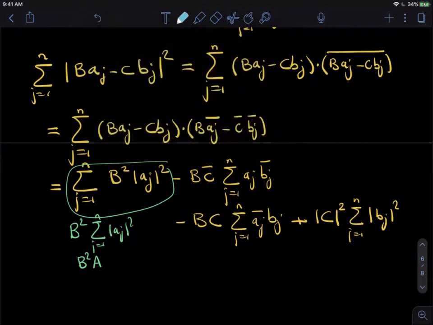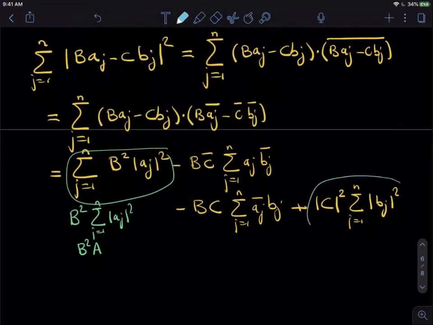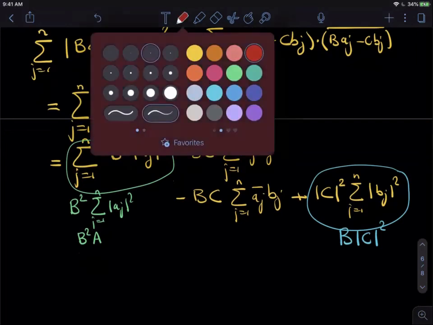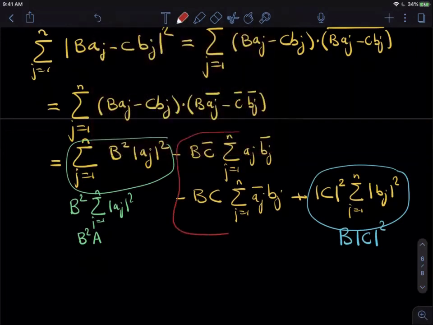And when we look at the last one, it is B times the modulus of C squared. So only the middle part is left.